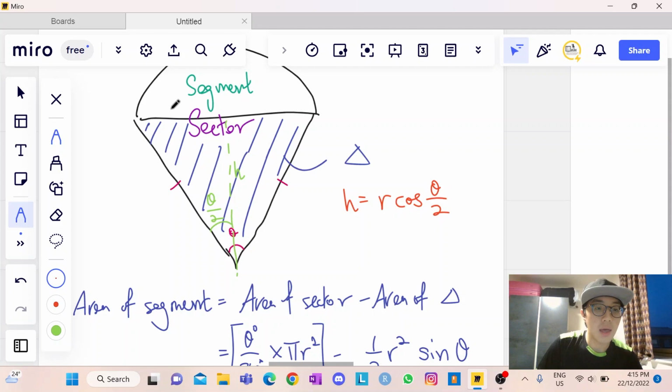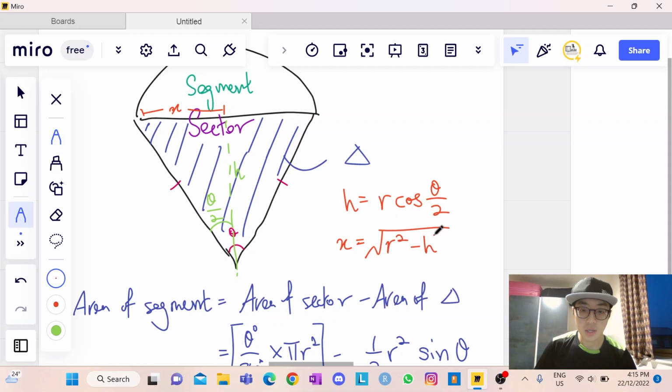Let's name it x. x is this part right here. So x squared is equal to r squared minus h squared, so x is equal to the square root of r squared minus h squared.